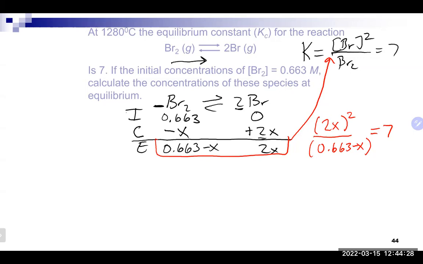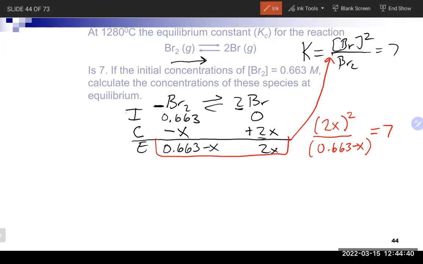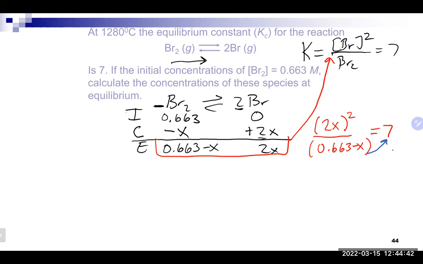At this point, we need to get all the same x's combined and everybody to the same side. That means mathematically speaking, I need to take what's on the bottom there and multiply it to the other side, right? So I got to take everything over there. I'm going to also take care of the top as well. So the top there is going to give me 4x squared.